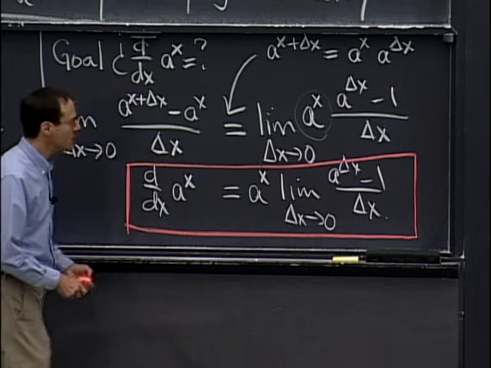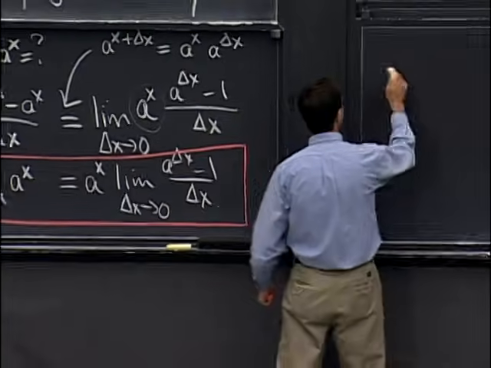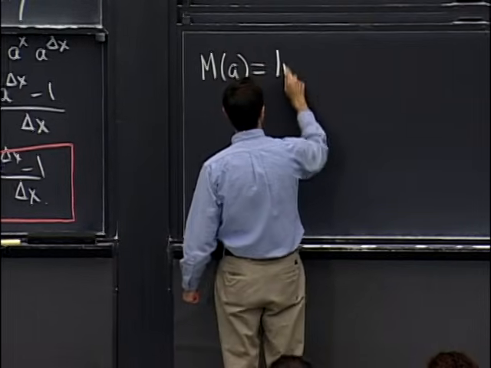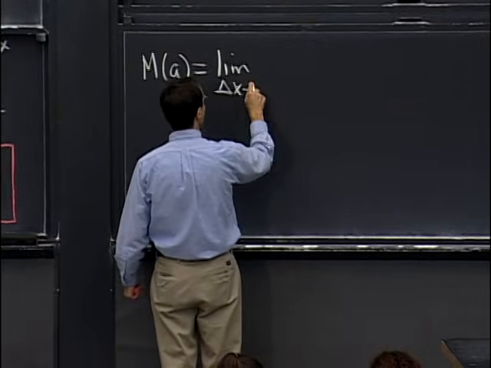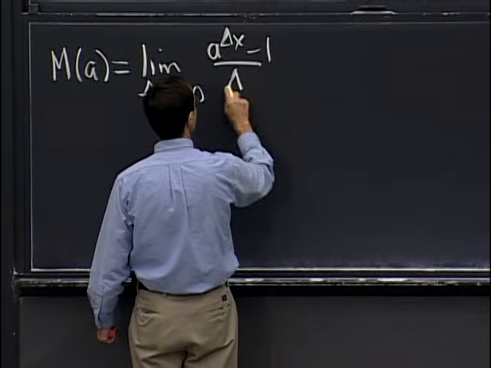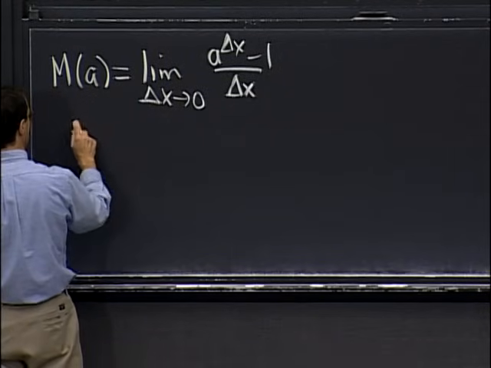I'm going to call this mystery number m of a. So I'm going to make the label: m of a is equal to the limit as delta x goes to 0 of a to the delta x minus 1 divided by delta x. All right, so this is a definition.